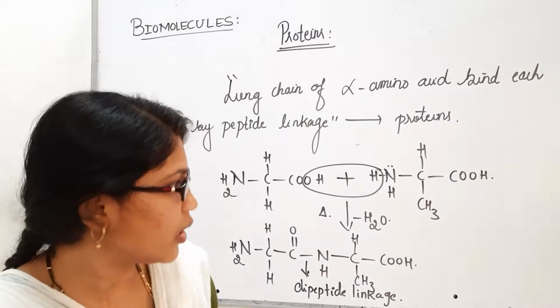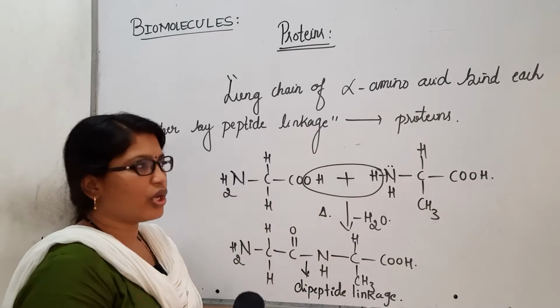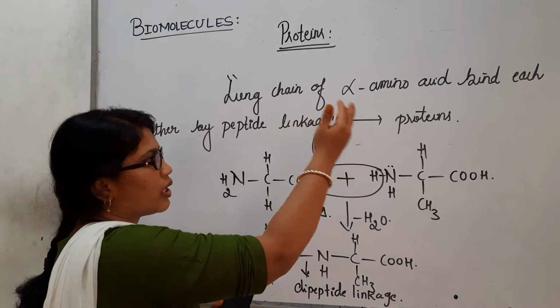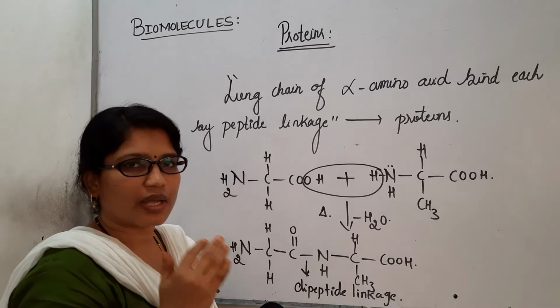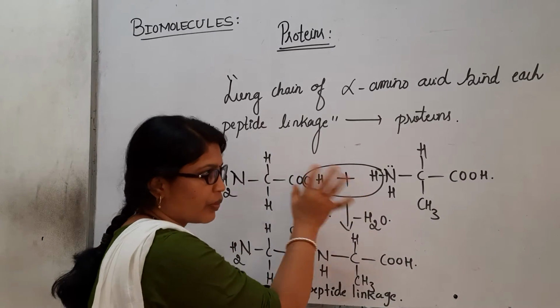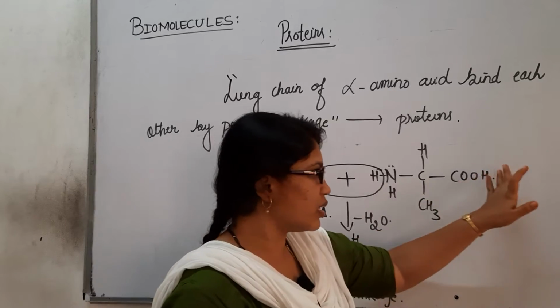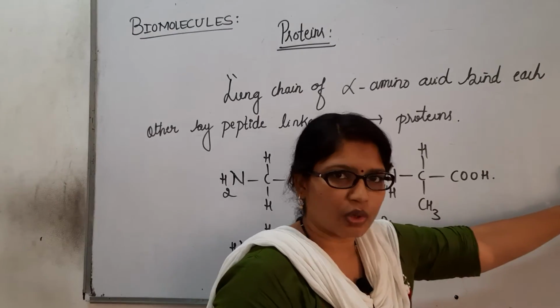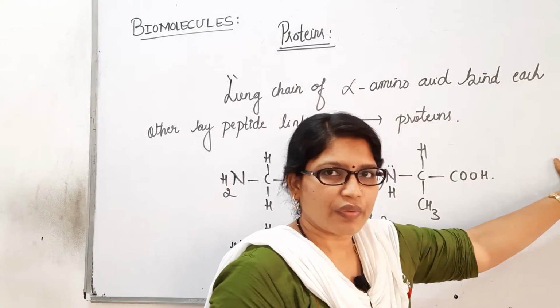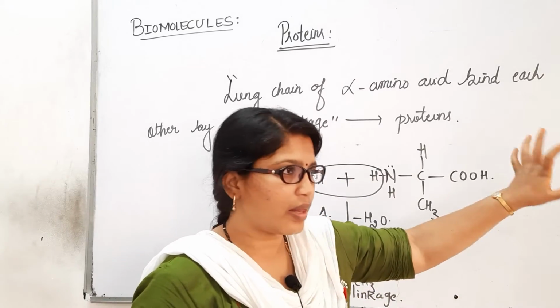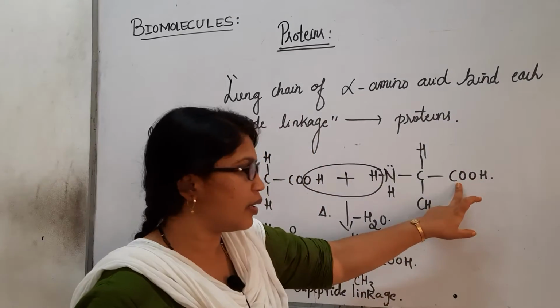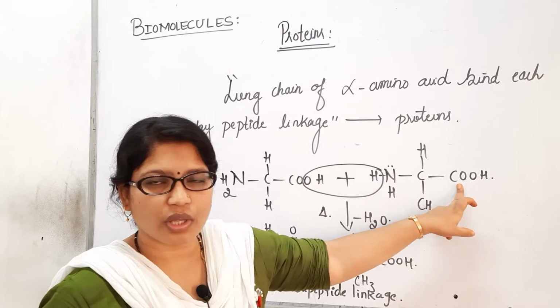Similarly, I have taken only two amino acids, but to make the polymer, many amino acids combine with each other in a similar fashion. Say, for example, I have taken A and B, plus one more amino acid with an NH2 group, and that amine group provides its lone pair of electrons to the carbonyl group.